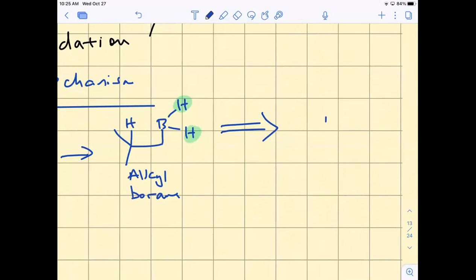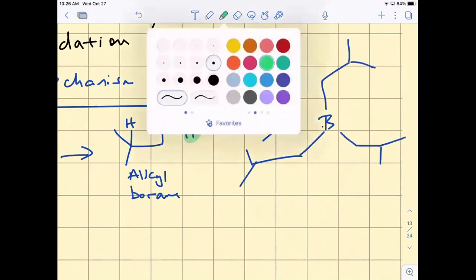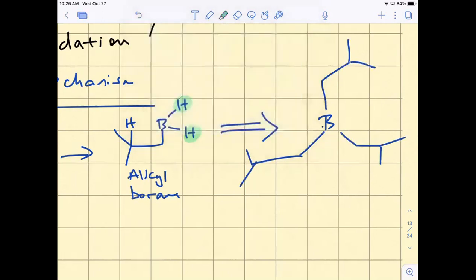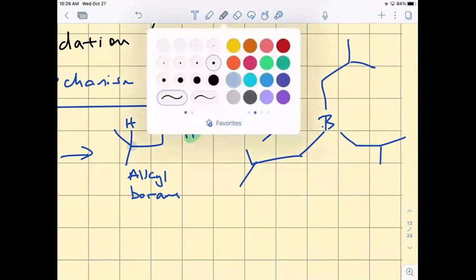So eventually I'll come to an intermediate that looks like this, where these are the 2 carbons in my double bond right here.